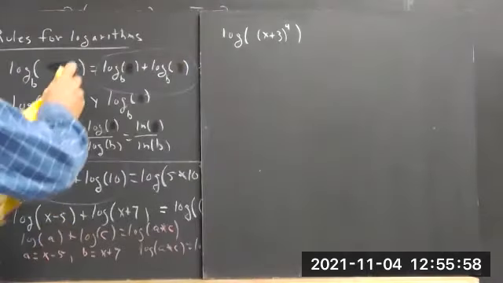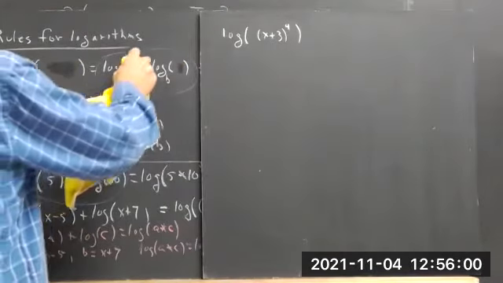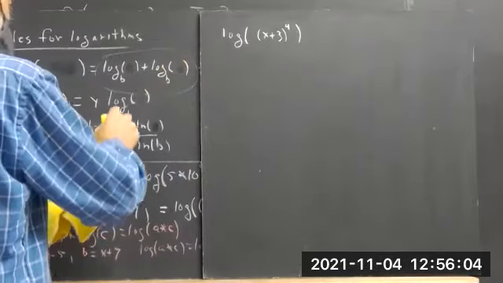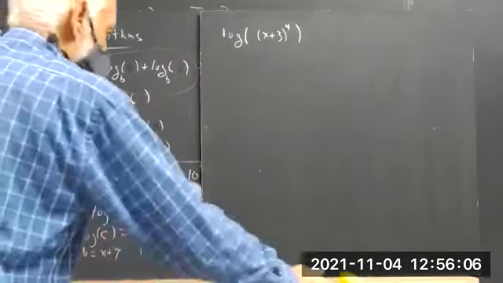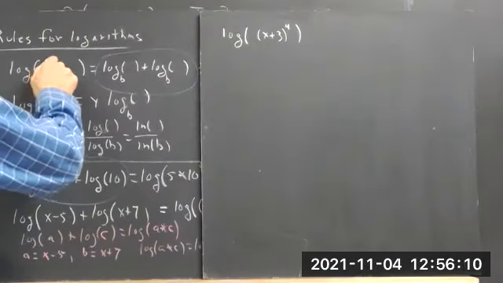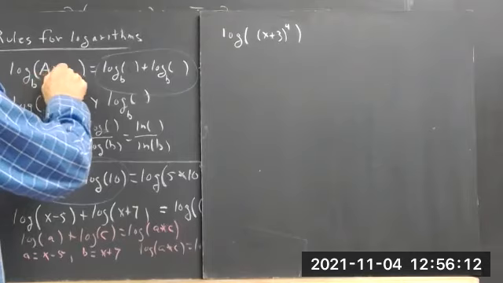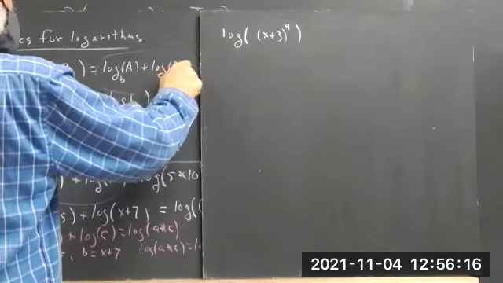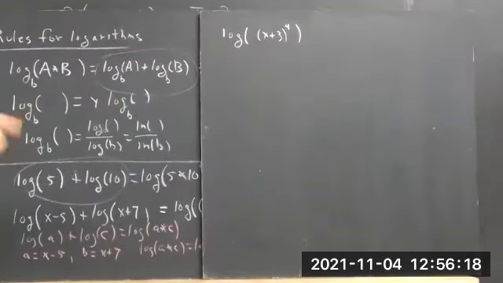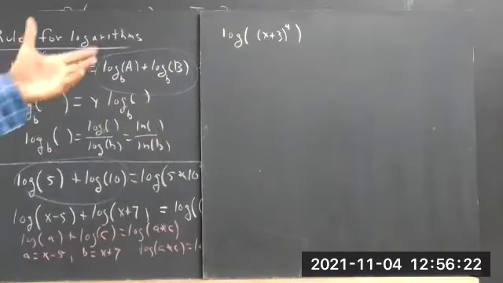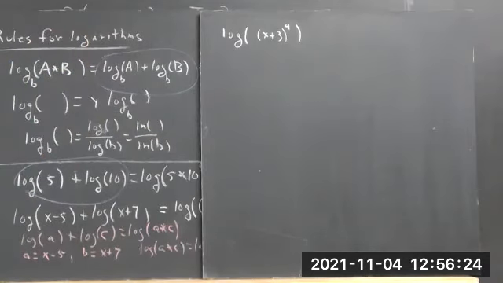I'm thinking that this is a little more confusing than that. So I'm going to do it this way. I'm going to use capital letters, which I thought of doing in the first place. I went with x's and y's, okay? I'm going to use capital A and capital B. Okay.